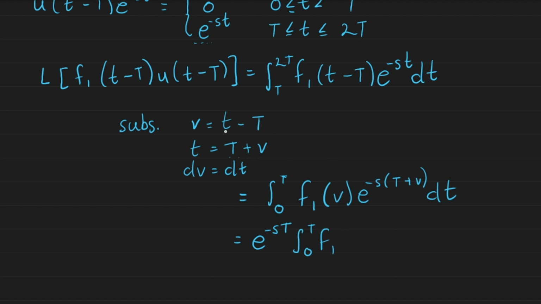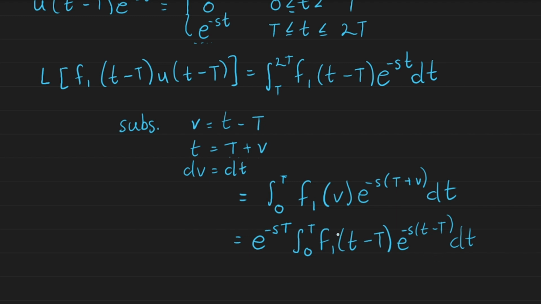So we have v is t minus T. And we have e to the minus s times v, so minus sv. And this v, we know that it's just t minus T. We can write that, so that's t minus T, dt.